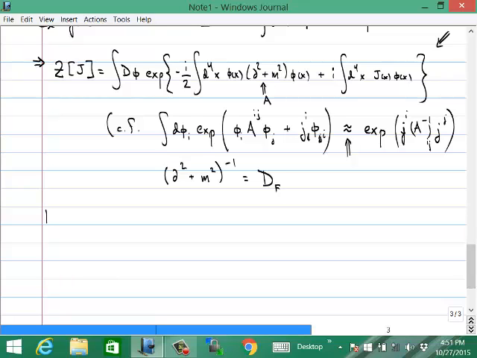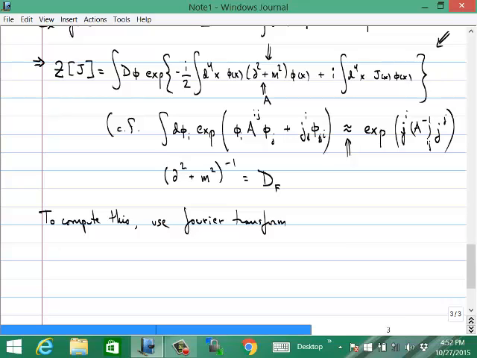To actually do the computation, what I would like to do is, in fact, use the Fourier transform, because one of the things that we learned is that this kinetic operator, d squared plus m squared, if you think about it as a matrix, is a diagonal matrix in momentum space.